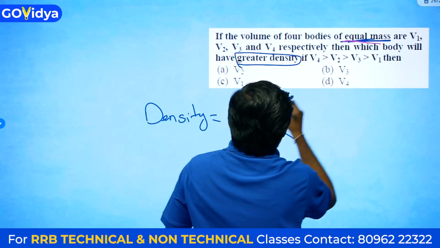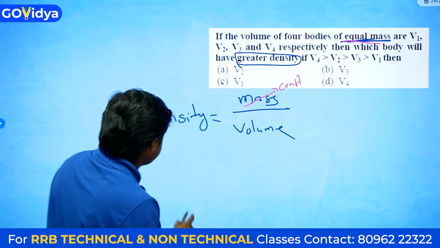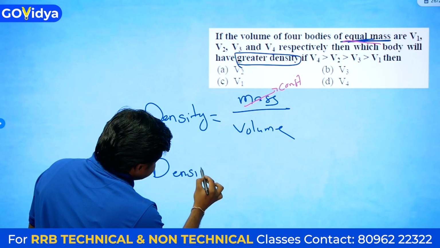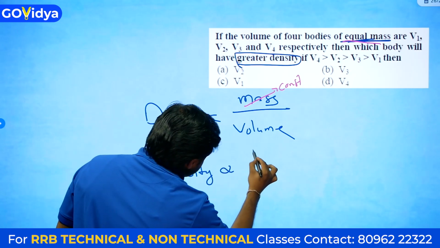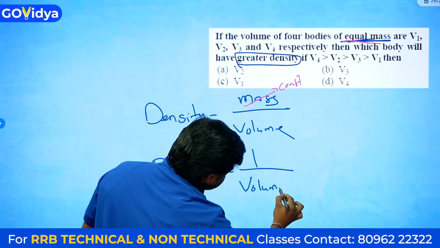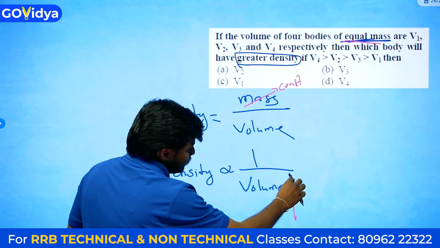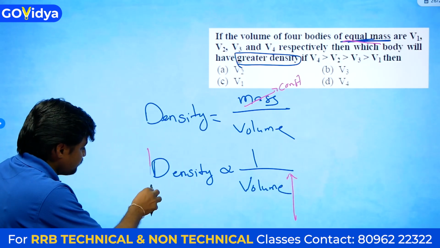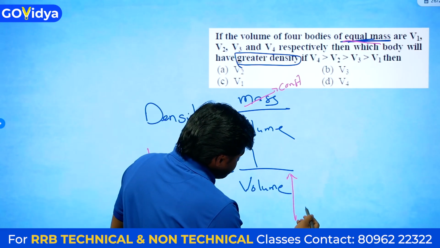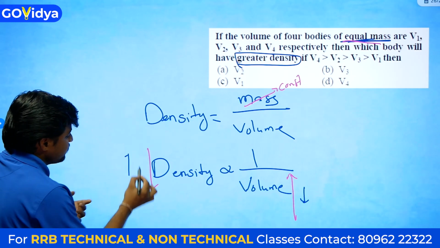Mass is constant, so density is inversely proportional to volume. If volume is more, density is less, because they are inversely proportional to each other. If volume is less, density is more.